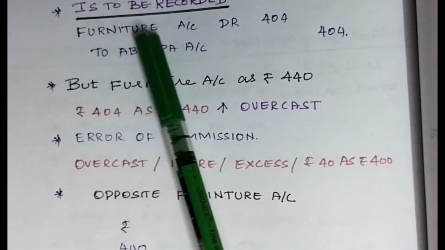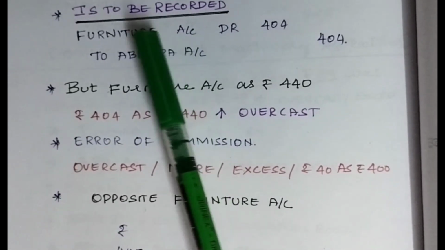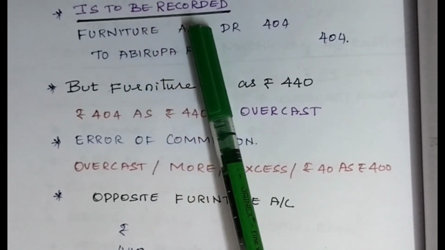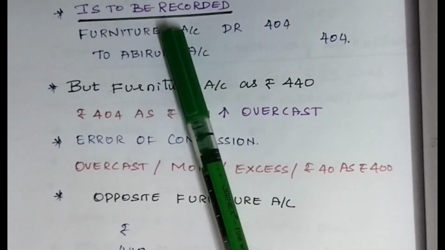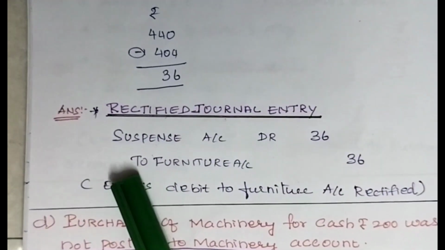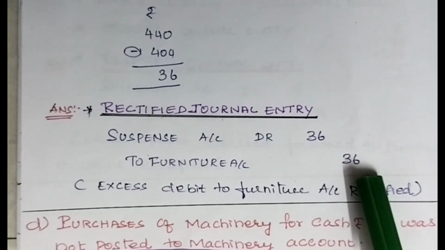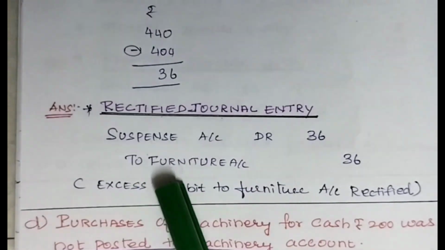The furniture account was debited, so to rectify it you need to credit the furniture account: to furniture account 36 rupees. Then only the error is rectified.